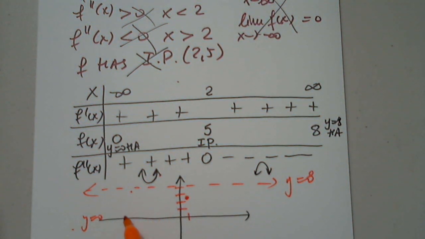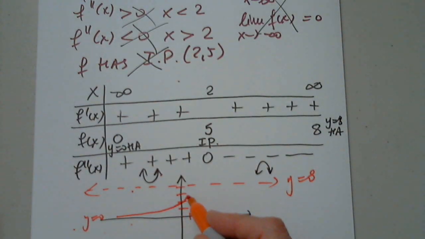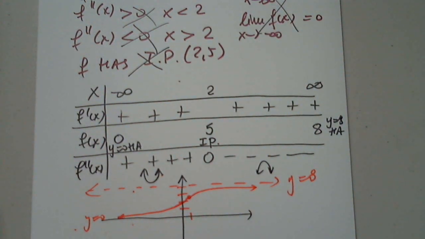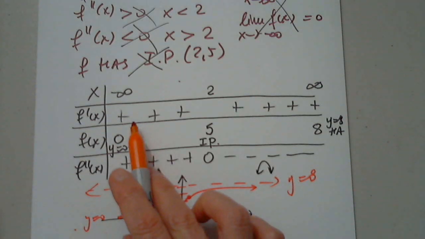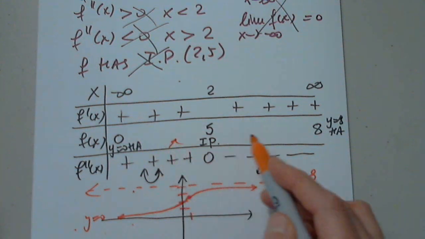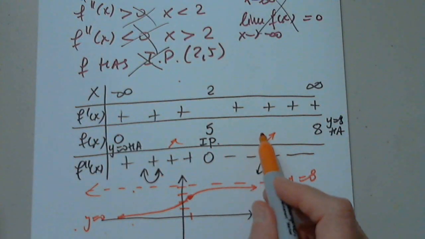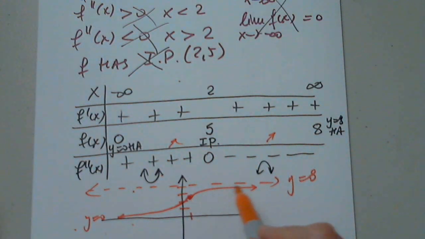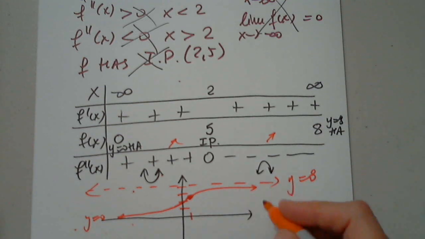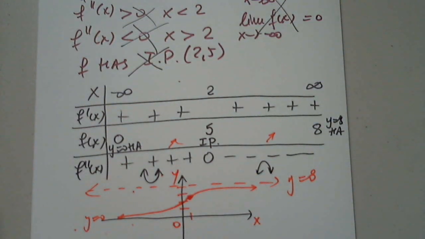So the function comes from 0, opening up, going to the inflection point, and then it changes concavity, opening down. It's always increasing, from 0 to 5, from 5 to 8, opening up, going to the inflection point, and then changing concavity, increasing to 8. And this is an example of such a function.